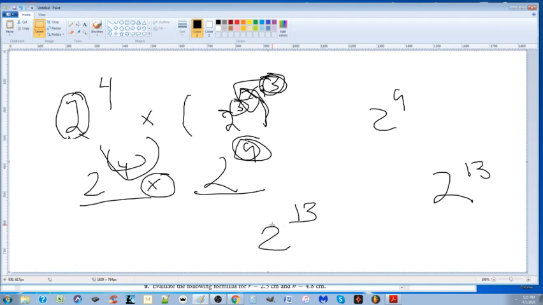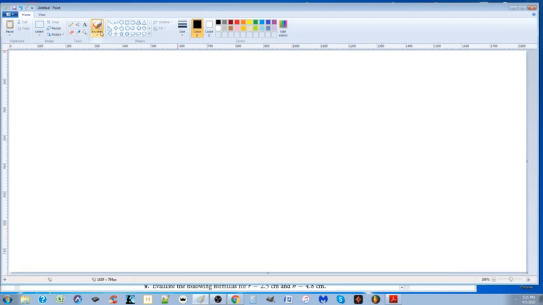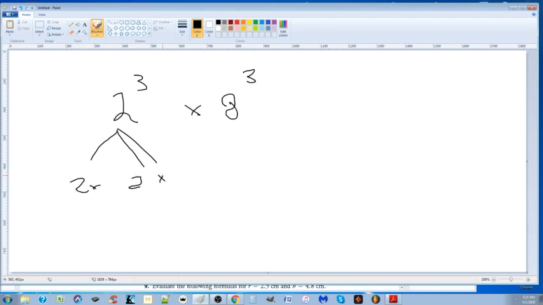But if at any time you don't understand what's going on, look at what's going on with the number. So I was saying 8 to the 4, or I think I said 8 to the 3. Well, just break that down. It's 2 times 2 times 2. And what's this one? Well, I'm going to keep that 3 up there and just write it as 2 times 2 times 2 in brackets to the power 3.